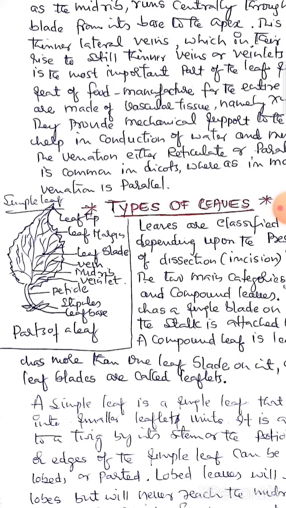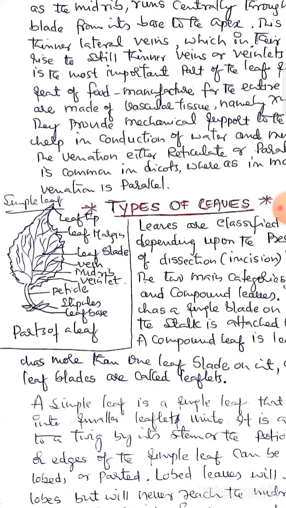Types of leaves. Leaves are classified into two types depending upon the presence or absence of dissection or incision in the leaf lamina. The two main categories are simple leaves and compound leaves.